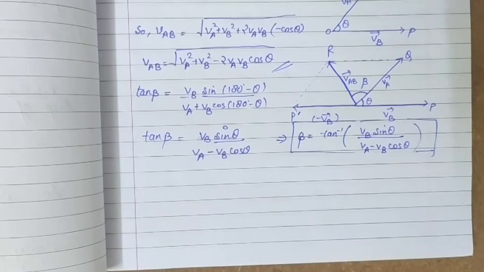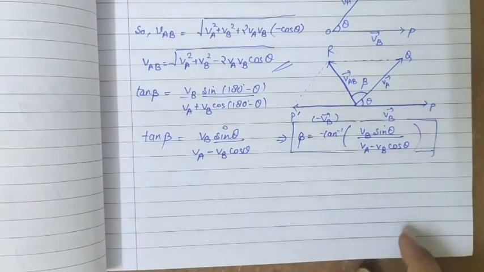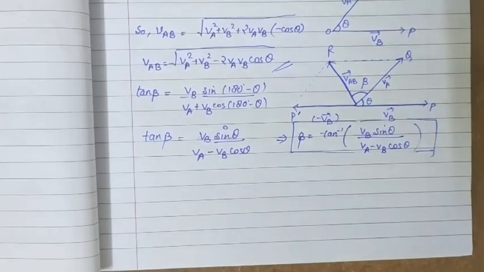Now there are two special cases also. Special case 1 is when theta is equal to 0 degree.